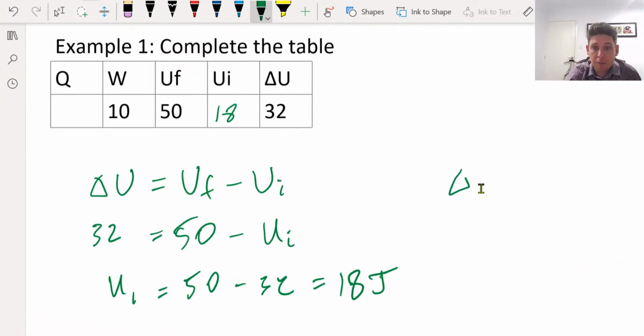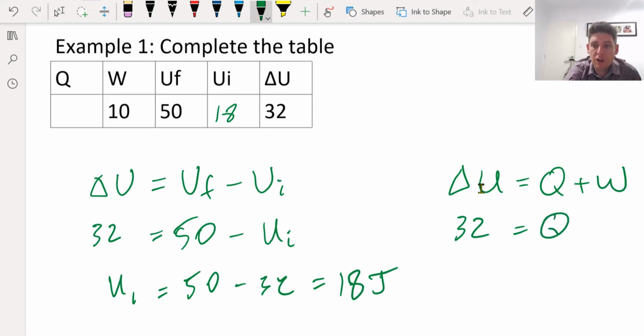Alright, so you may also remember the change in internal energy is equal to the heat plus the work. So we know the change is 32. We don't know the heat added. We know the work is 10. So the heat added is 32 minus 10.